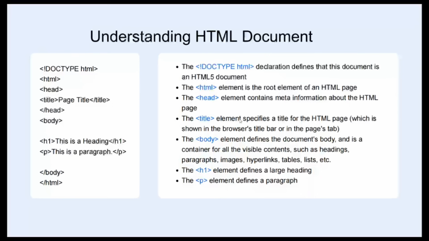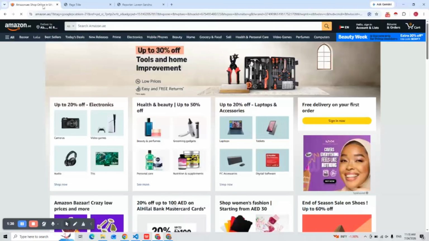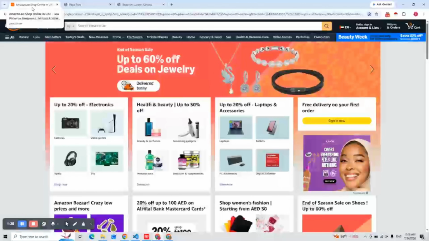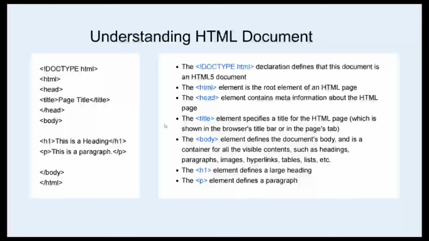This is the HTML page title, and it will display at the top of the browser like this on the Amazon website. And next one is the body tag. It contains the visible content like images, headings, and lists, etc. Here I'm using the heading tag and paragraph tag.